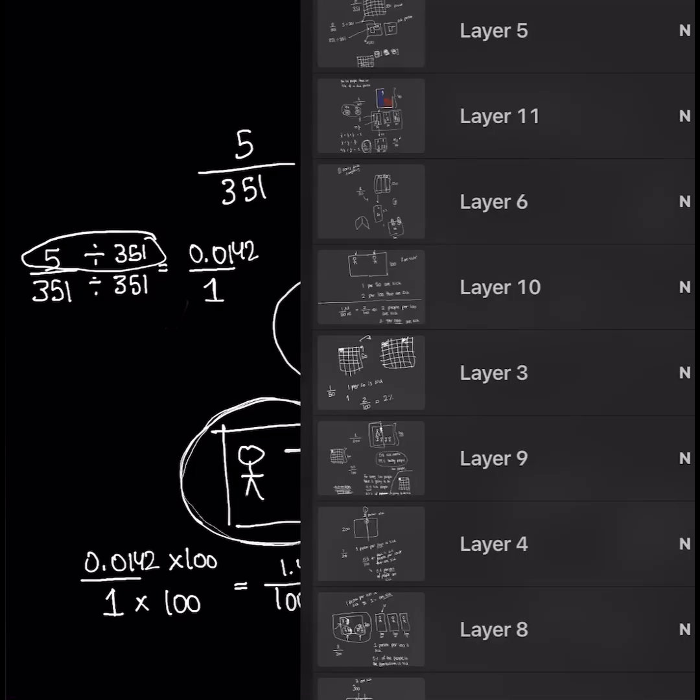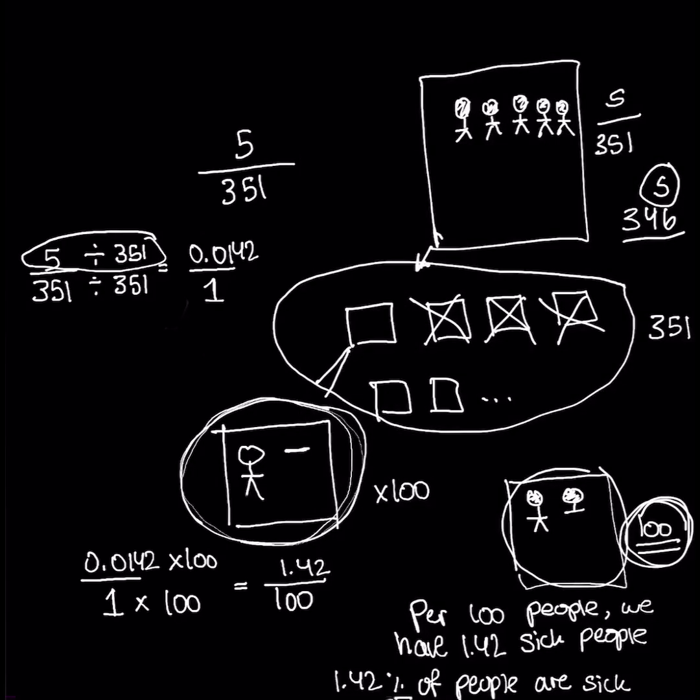So we had, like, let's say we had 5 people who are sick per 25, and then we can say, okay, that's times, we can multiply the top and bottom by 4, and then we get 20 over 100. So 20 out of 100 people are sick, right? This ratio of 5 to 25 stays the same, even though now we have 20 over 100, right?